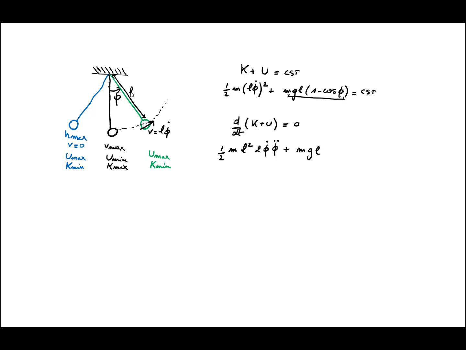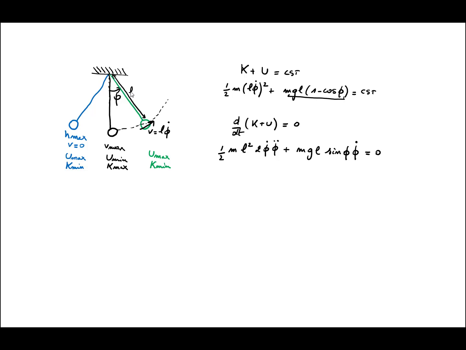The 1 will not give a contribution, so we have to take the derivative of minus cosine phi, so that will be sine of phi times the derivative of phi, which is phi dot, and that's equal to 0.